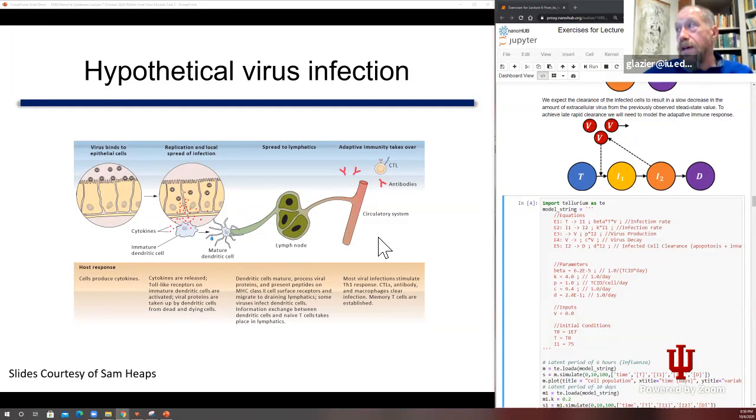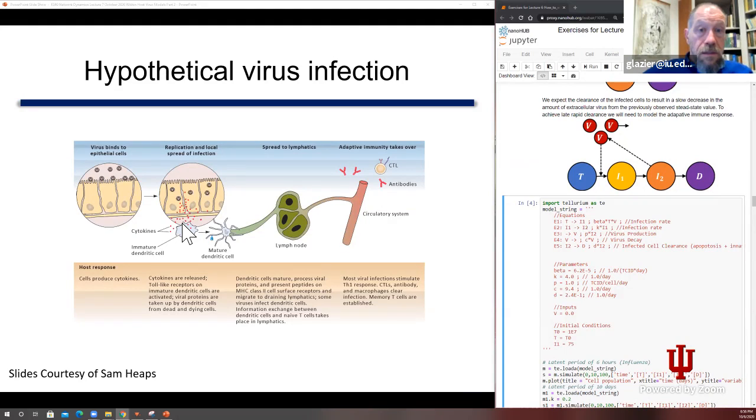And that means that we have to have conceptually a separate compartment, which is going to be the lymph node, where those cells are generated. And that means that our model is going to become a little bit more complicated. The second thing is that we have two things being transmitted from the tissue to the lymph node, one of which are cytokines.